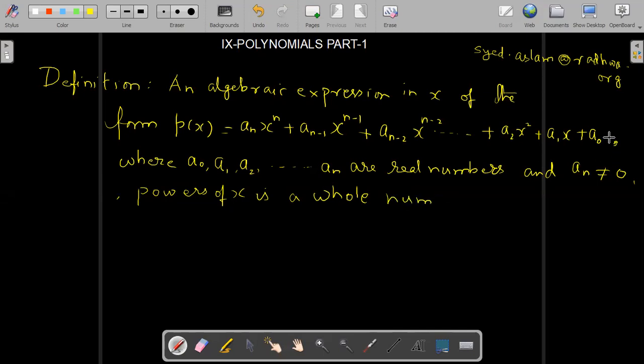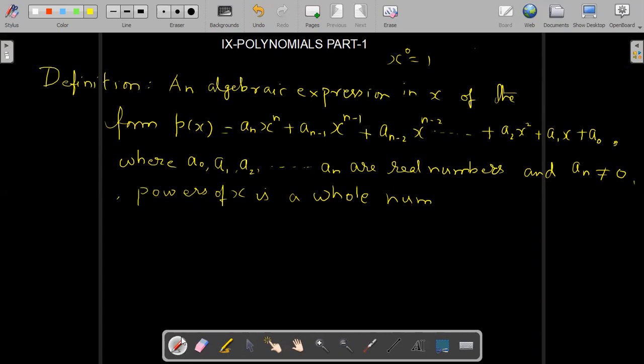So 0 you will not find written, x raised to power 0, because you know that x raised to power 0 is always equal to 1.